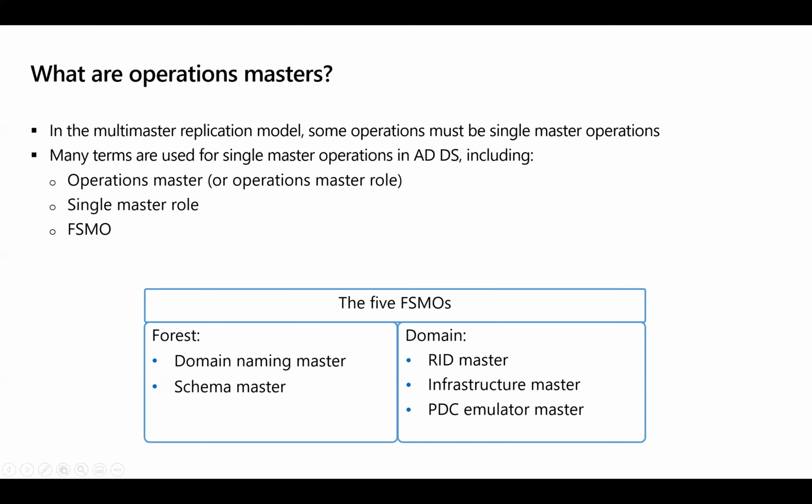Next is infra master. Infrastructure master is the one responsible for global groups and universal group replication. Let's say you have an external forest and you would like to replicate any member of the external forest. He's the one responsible for doing synchronization.